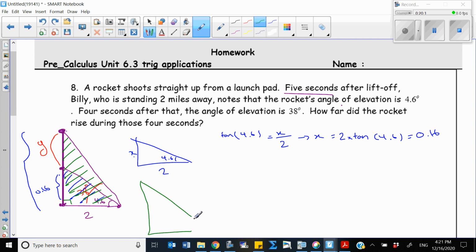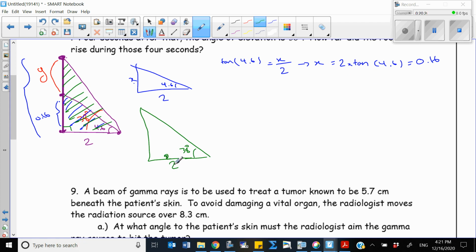Let me draw that here. Okay, so this angle is 38 degrees. This is the big one, 38 degrees. And this side is still 2. Again, I'm going to use the same thing that I did here to find the opposite side. So tangent of 38 is, let's call this side z, z over 2, and z will be 2 times tangent of 38.